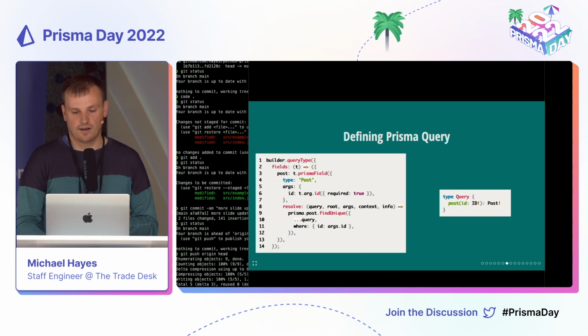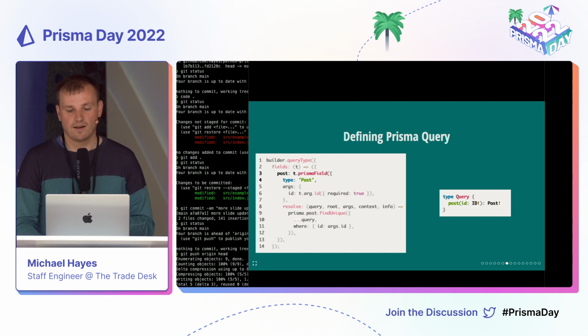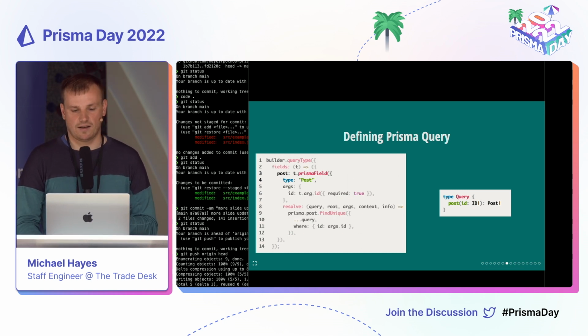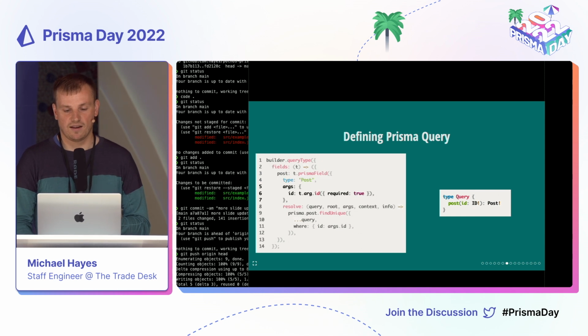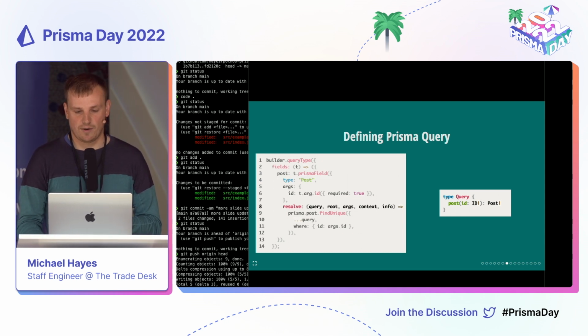And so in this example, we are going to be using the Prisma field method, which basically just lets us create a field that is going to be powered by a query from Prisma. And so again, we're just giving it a type of post because we're going to be exposing a single post, and then defining an ID argument, and then a resolver for that post, I guess.